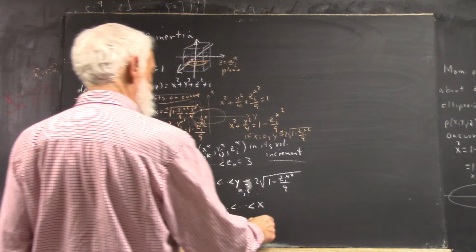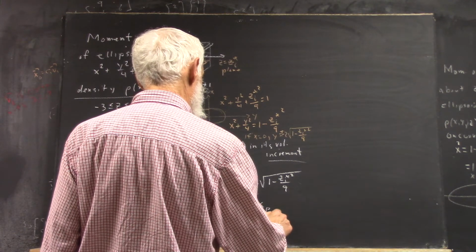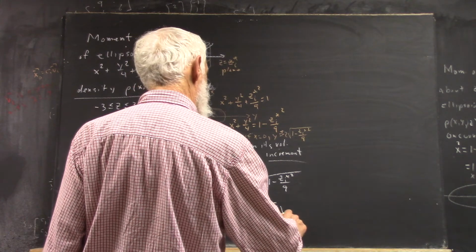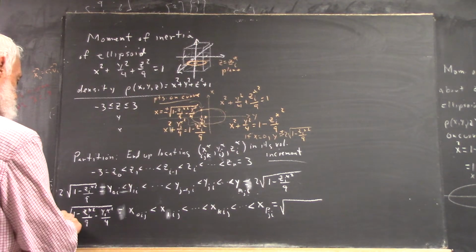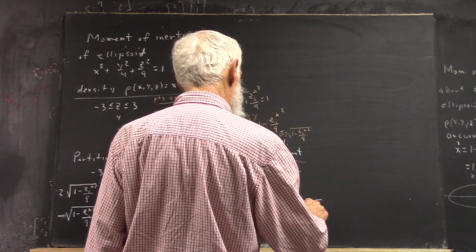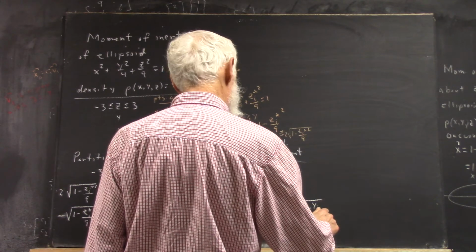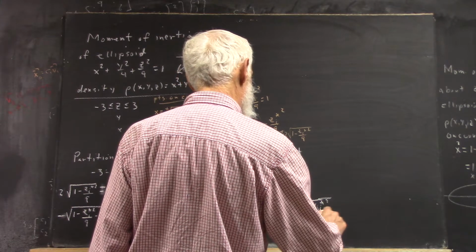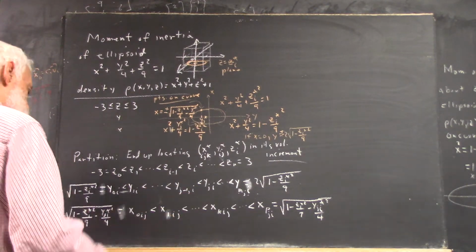So we've got n, m, this will be p, it's really ji equals square root, and I left my, no, that's right, 1 minus zi star squared over 9 minus yj ji star squared over 4. That's a ji here, and so forth.